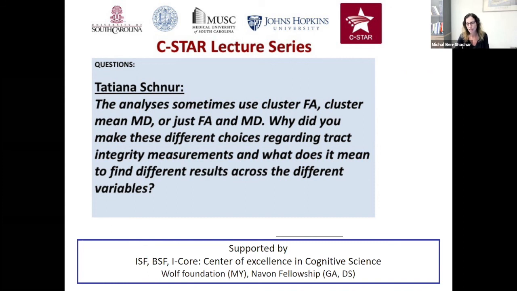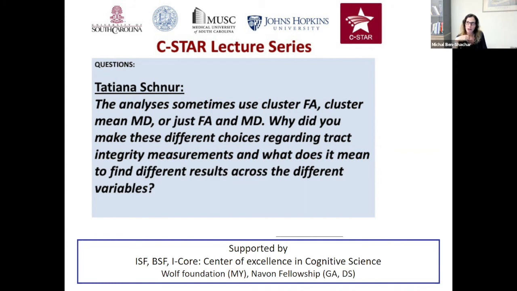In many cases, you might not have found an effect with FA because maybe the sample size was marginal, and then you might see the effect in the mean diffusivity because it has more statistical power. So that would be one explanation why you sometimes find it where you don't see a significant anisotropy effect.